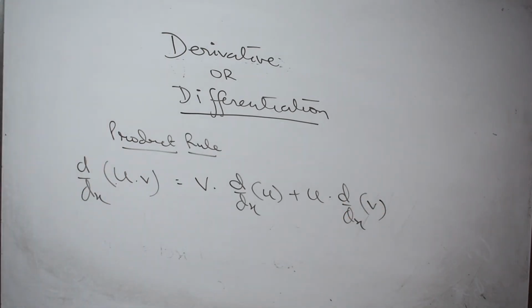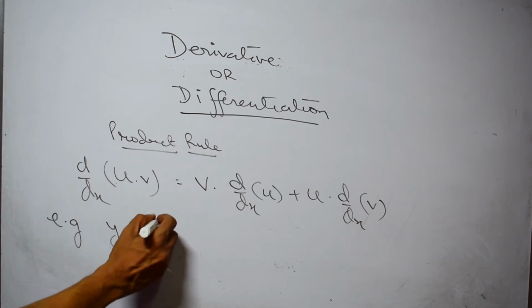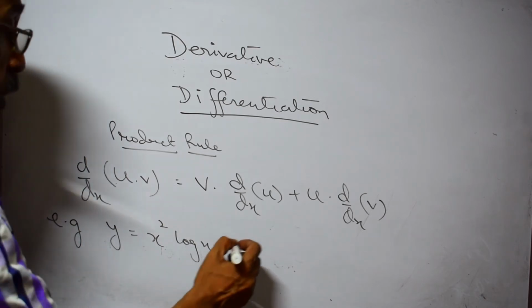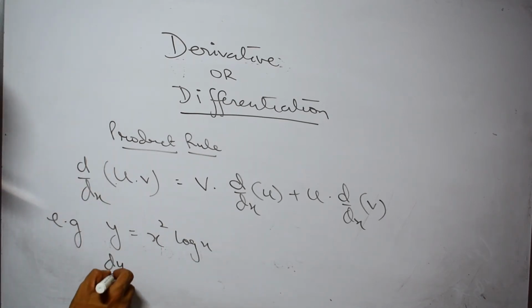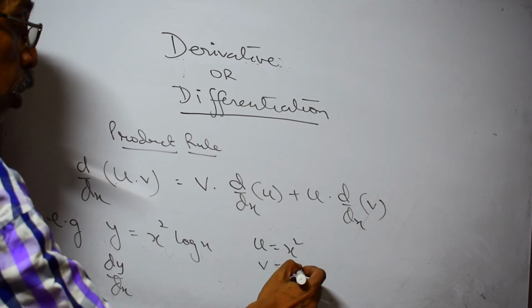Product rule will be applicable when we have some product in the function. An example: if y is x square log x and we want to find dy/dx. The result will be dy/dx, it is uv, where u is x square and v is log x.